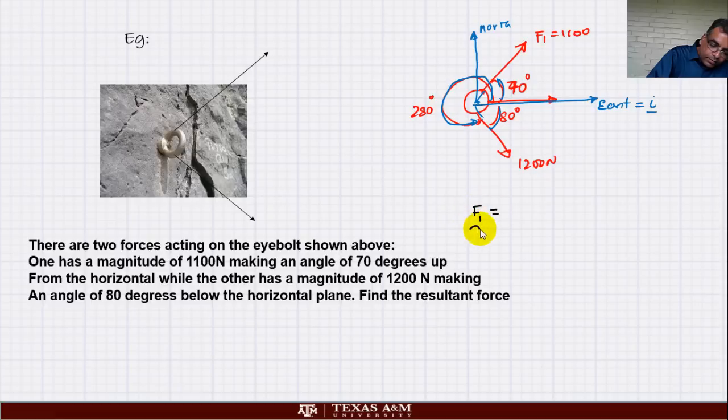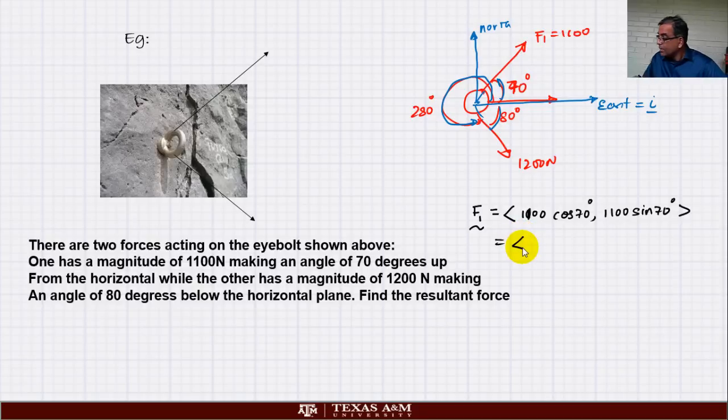F1 equals, now this is a vector, equals 1100 cos 70 degrees, comma 1100 sin 70 degrees, which is 376.2, and the units are Newton, 376.2 and 1033.7.